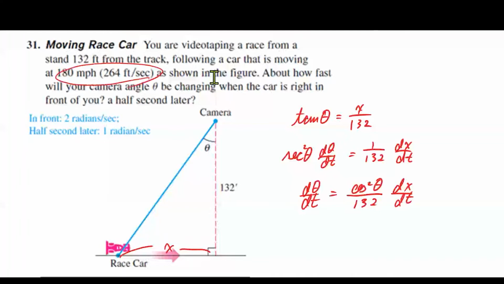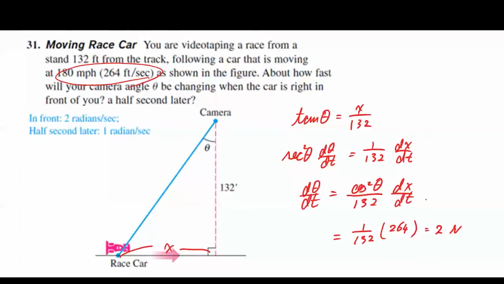So when x is equal to 0, theta is equal to 0, so you put 1 here. You know what I'm saying? So you get 1 over 132 times dx/dt, which is 264 feet per second. And that should be 2 radians per second.